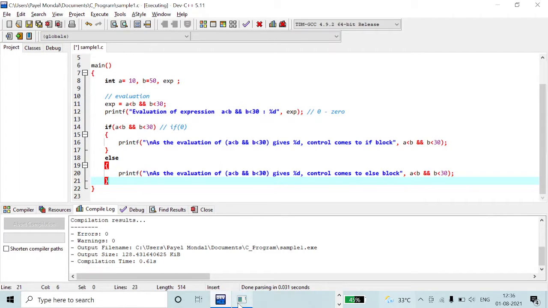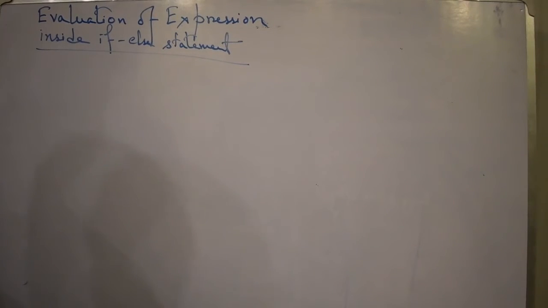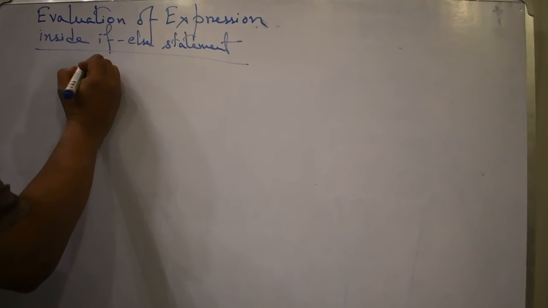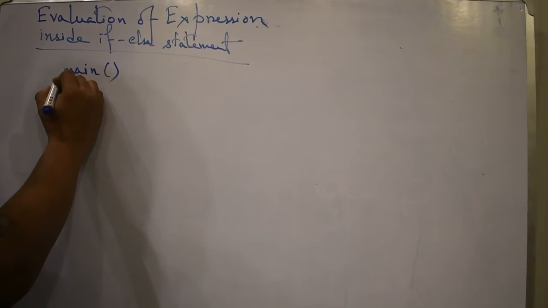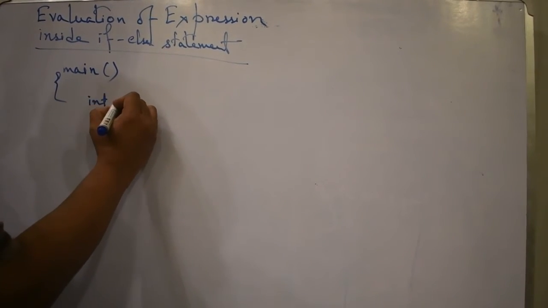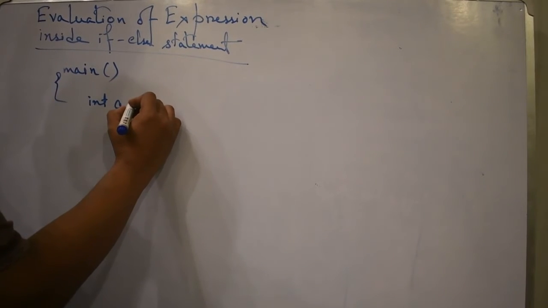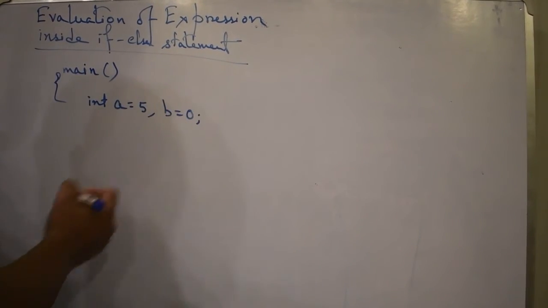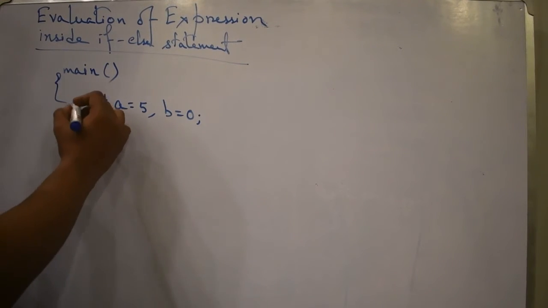Okay, so let us consider another example. Say main, int a equals 5 and b equals 0.